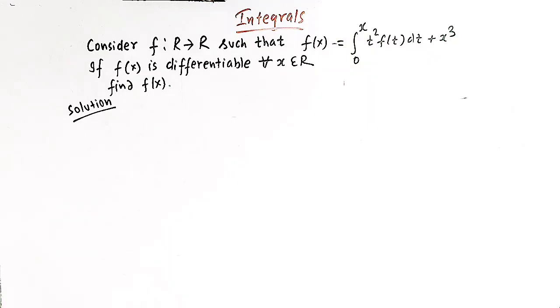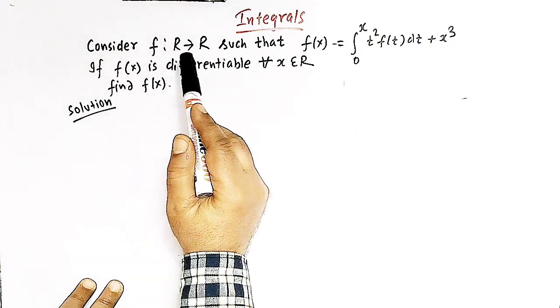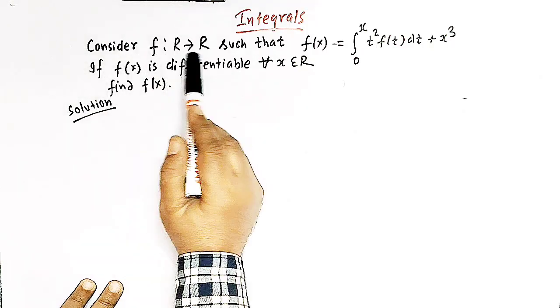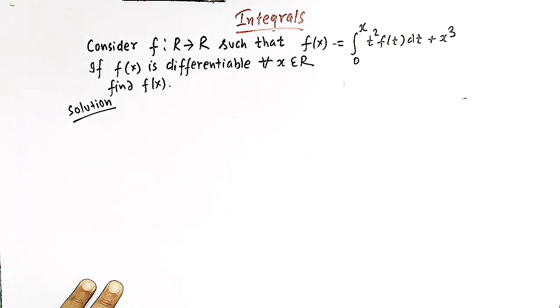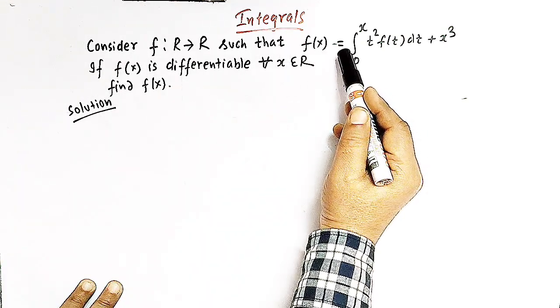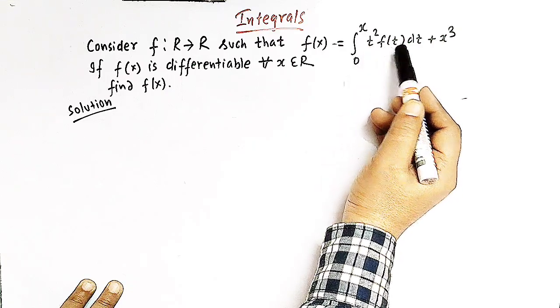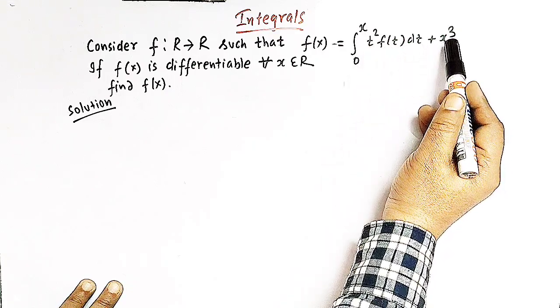Hello viewers, in today's session we are going to discuss an important problem from integrals. We are given a function f from R to R, where R is the set of real numbers, such that f(x) is equal to the integral from 0 to x of t squared f(t) dt plus x cubed.